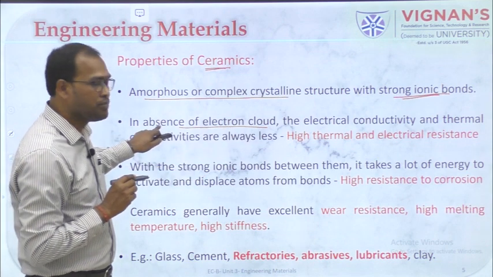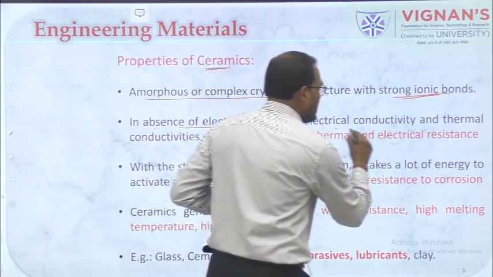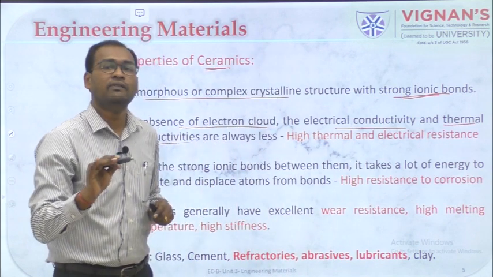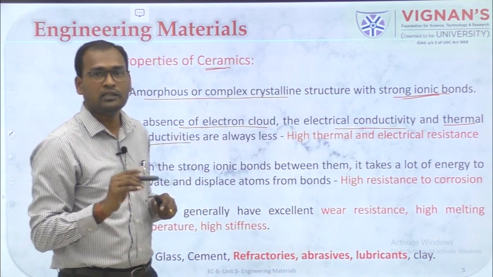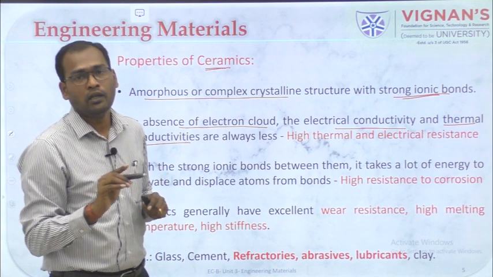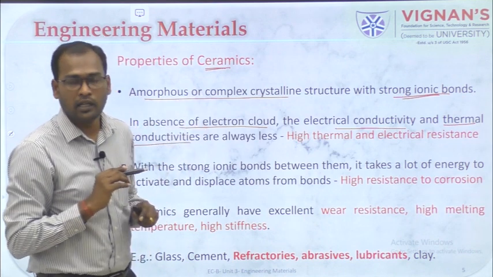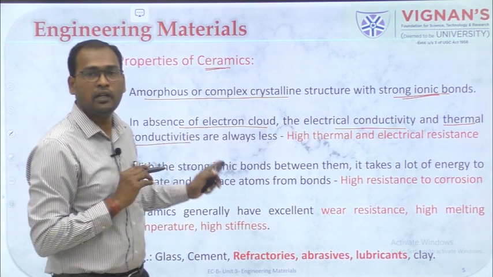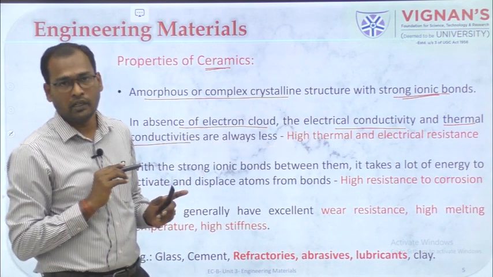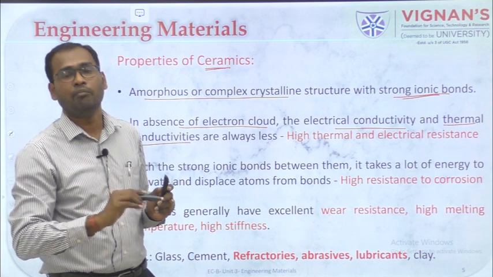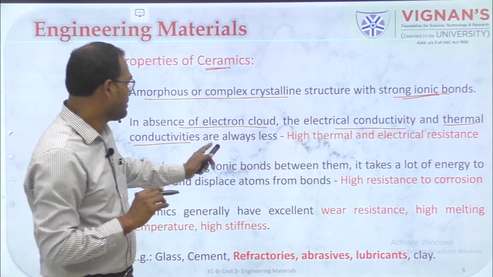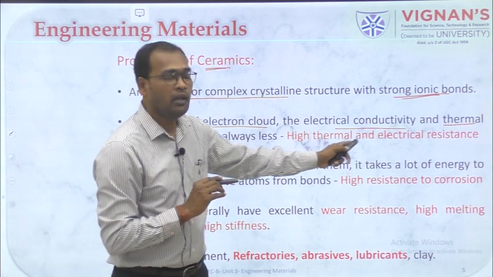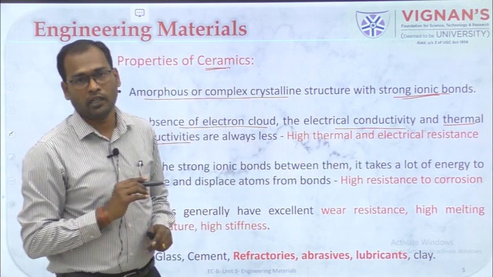Because of this absence, the electrical conductivity and thermal conductivity are comparatively less. Since the electron cloud is absent over this ceramic material, the conductivity, either electrical or thermal, is very low compared to other materials. This makes this material usable as a high thermal and electrical resistant material.